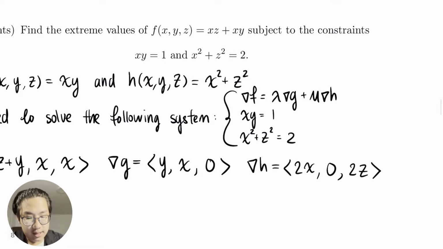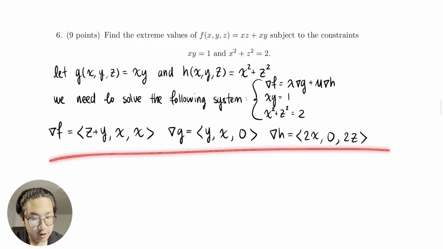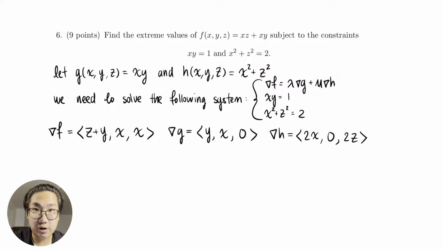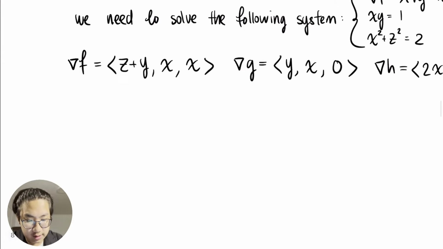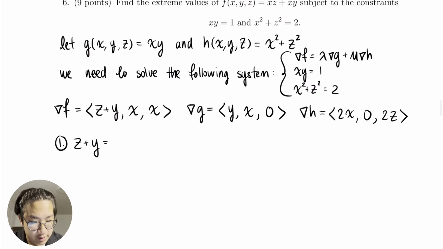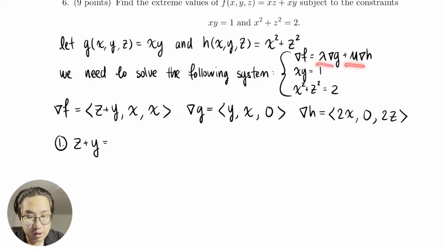Okay. So now that we have these three expressions, we can use this equality to equate them. And this gives us the following 5 equations. So first, we can equate the x components, the first components of each of these. So we get z plus y equals, and again, remember we're multiplying the gradients of g and h by lambda and mu, respectively.